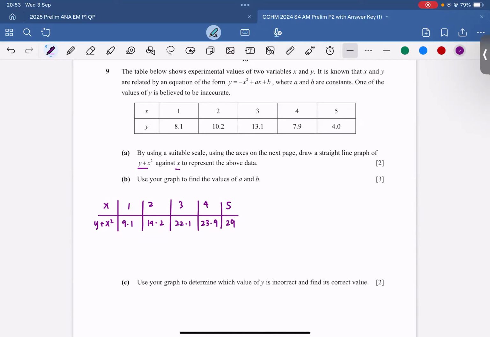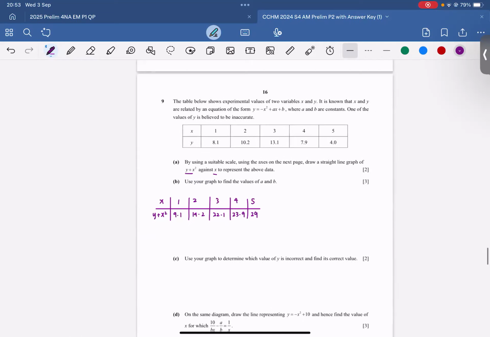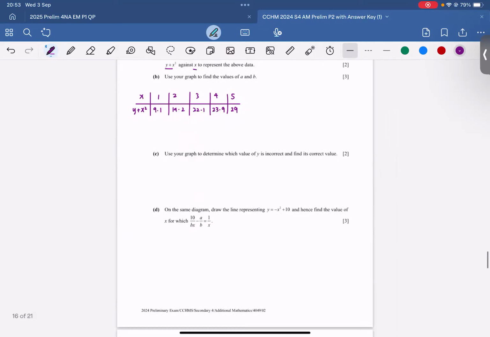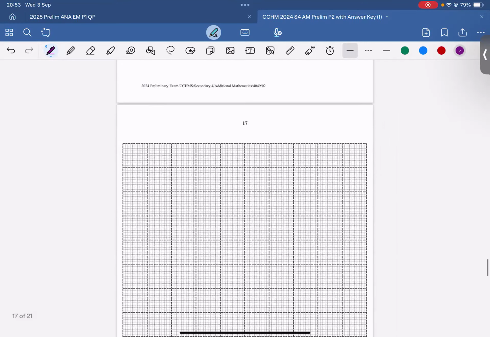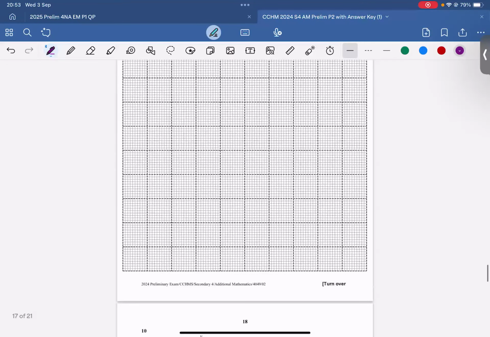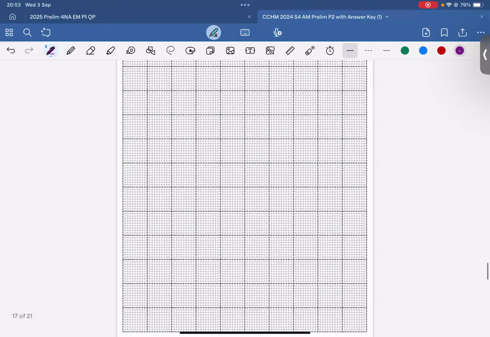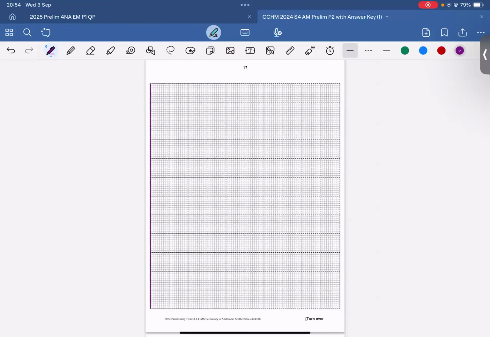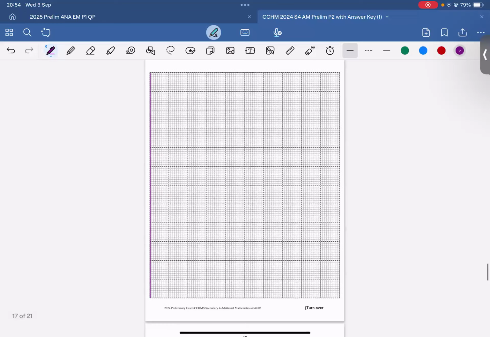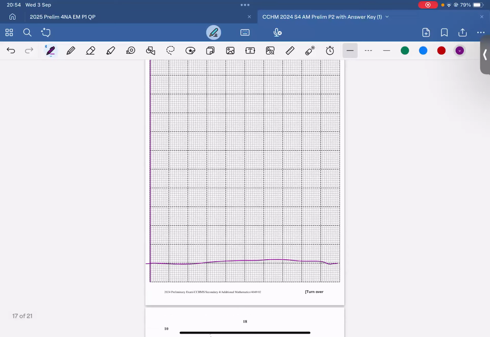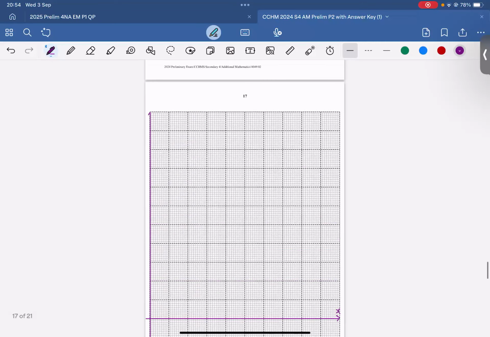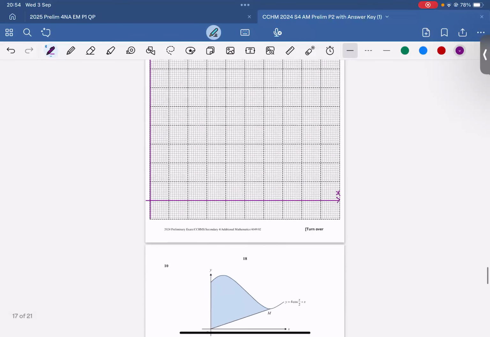Okay. So we have to plot this. Remember, you have to use more than half the graph paper. So start here and start here. Okay, this is my x. Remember to label your axes clearly. This is the y plus x squared. This is my 0, 1, 2, 3, 4, 5.